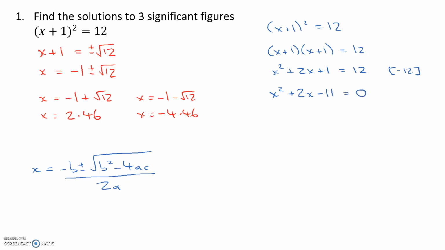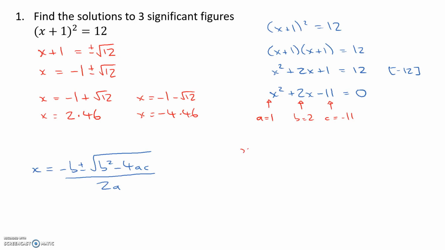Now I can use the quadratic formula. To use it, I need to know that a represents the coefficient in front of the x squared. There's no number there, so that means 1x squared. So a equals 1, b is 2, and c is negative 11. I can plug those in.